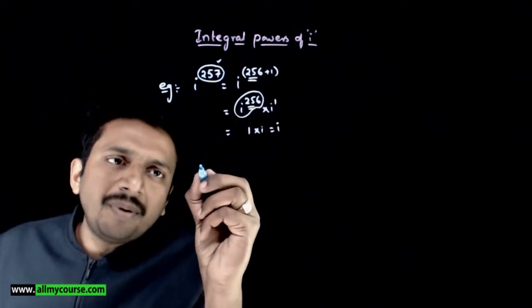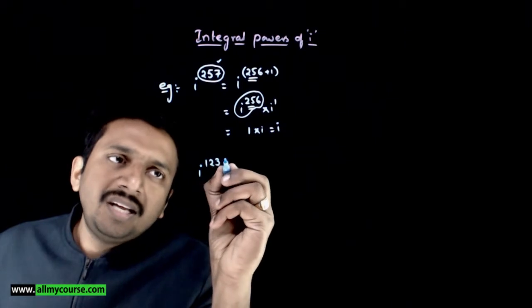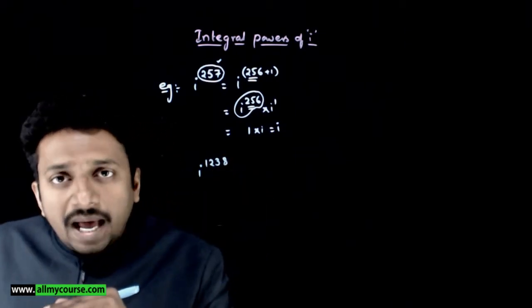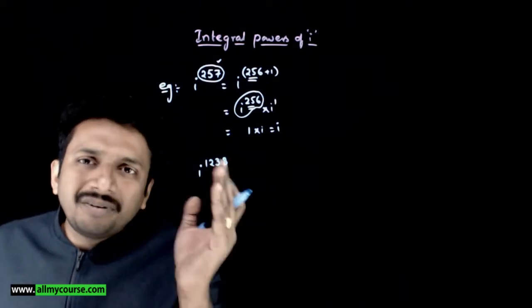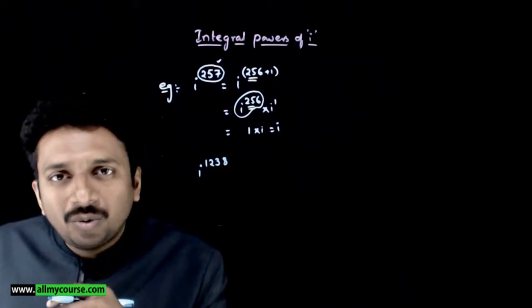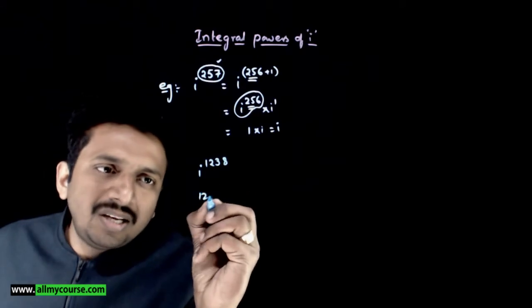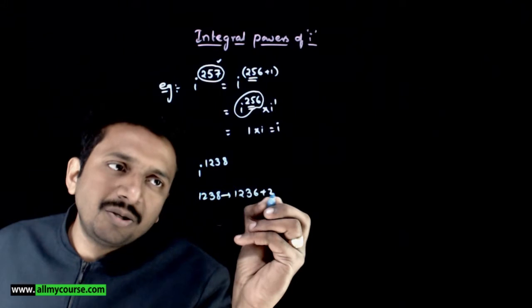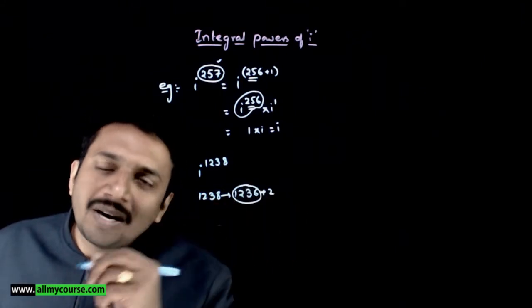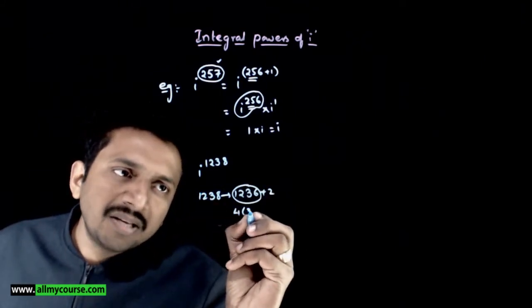So if you have i power 1238, you can take off any number of 4s from this 1238. You know that it is 1236 plus 2, where 1236 is a multiple of 4. This is 4 times 309.